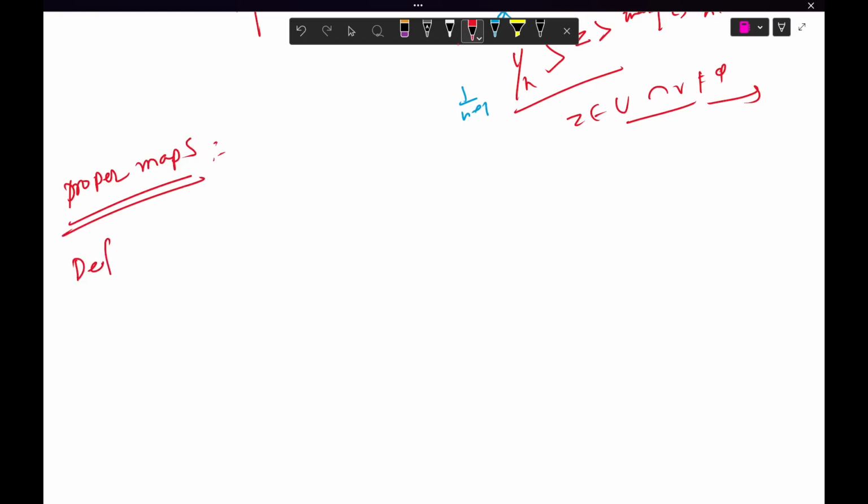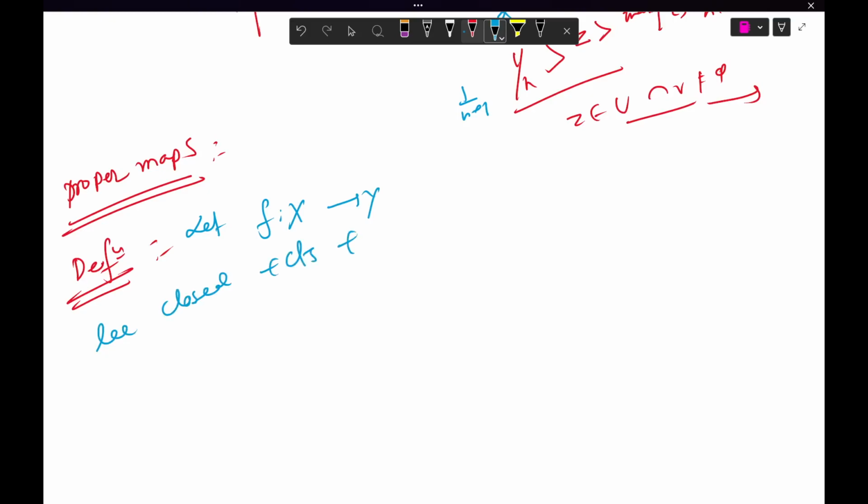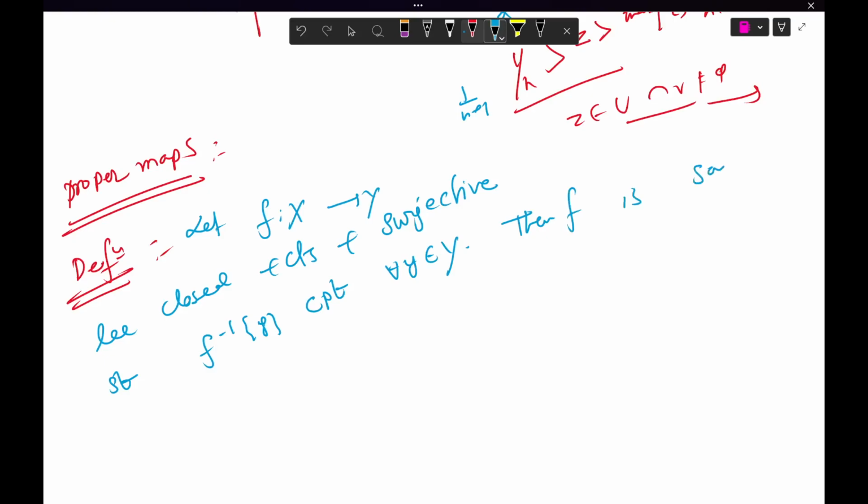For the definition, let f from X to Y be closed, continuous, surjective, such that f inverse of singleton {y} is compact for all y belongs to Y. Then f is said to be a proper map.